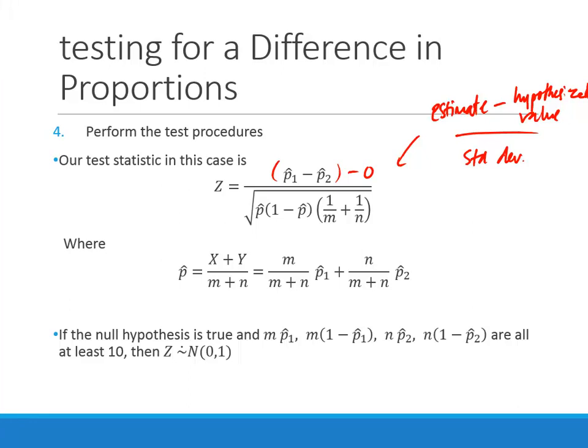So why do we use this p hat without a subscript? Does anybody have an intuition for why we would do it this way? p hat is like an overall successes out of total number of observations. So we have x successes from our first population, y successes from our second, and we divide by the total sample size m plus n. Does anybody have an intuition on why we do that for our test statistic?